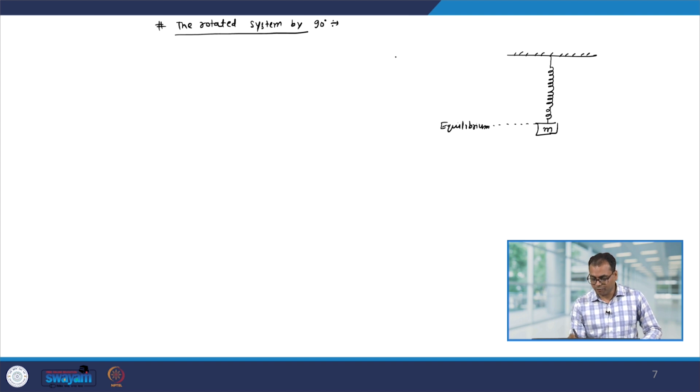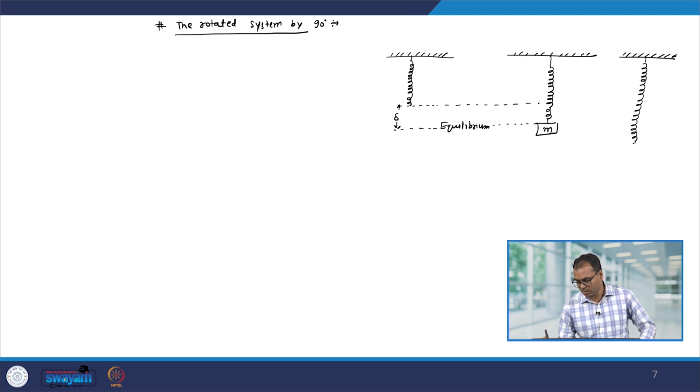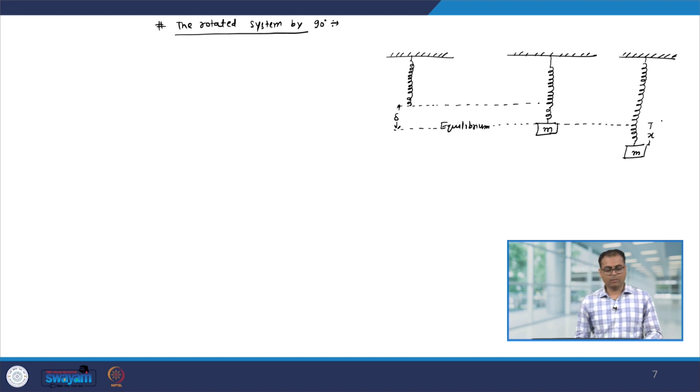So, this implies that if the mass is not there, then the natural length of the spring will be smaller, and let us say this length is delta. Now, you stretch this spring so that we set up the motion, and let us say from the equilibrium we stretch it by an amount x.